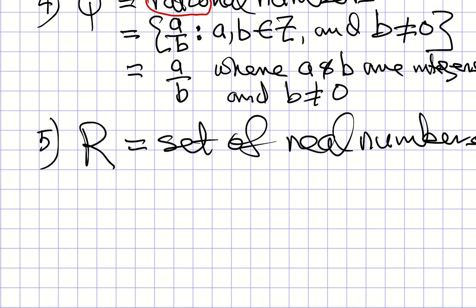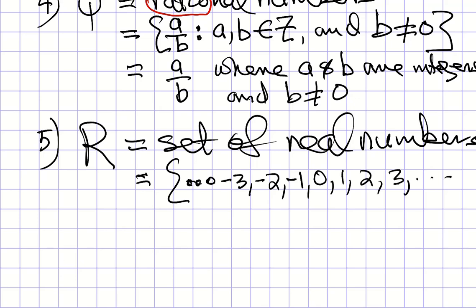Everything we described above, you have dot dot dot, negative 3, negative 2, negative 1, then 0, 1, 2, 3, to infinity, right? But notice they also include everything on the number line, everything on the Cartesian coordinate system.